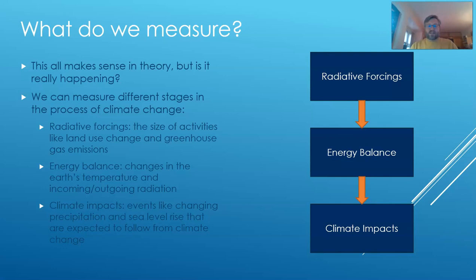So as our climate changes, that's going to create various sorts of effects on the world that are going to impact people's lives and ecosystems and all of these other things. So we could try to measure the impacts, the outcomes of climate change. So those are things like sea level rise, changes in precipitation, changes in storm intensity, all of these kind of things that we expect to be caused by climate change. We could measure those as well.